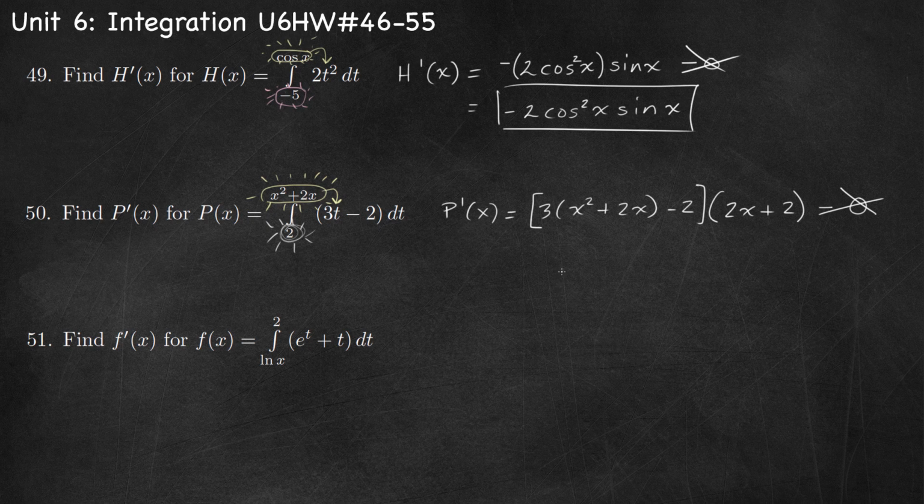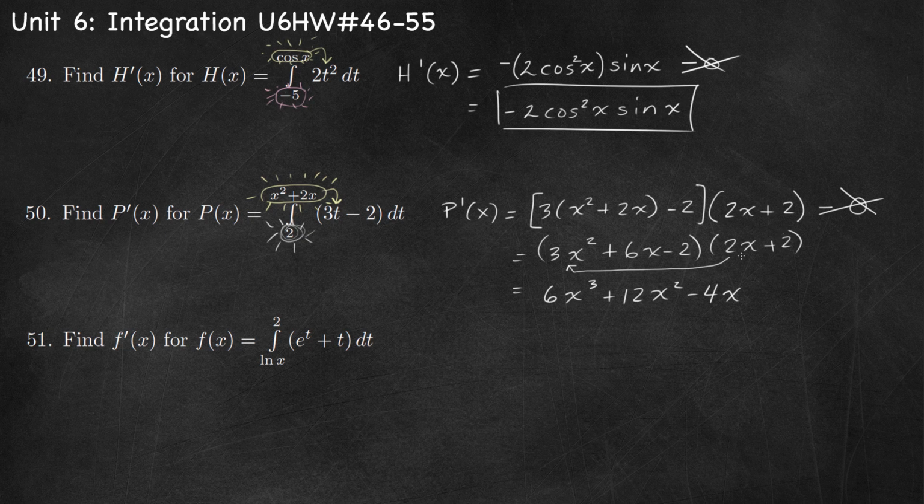Okay, so let's simplify within these first brackets first. I've got 3x squared plus 6x minus 2, and that needs to be multiplied by 2x plus 2. This isn't the only way to do it, but I'm just going to distribute the 2x by the trinomial at the beginning. So that gives me 6x cubed plus 12x squared minus 4x.